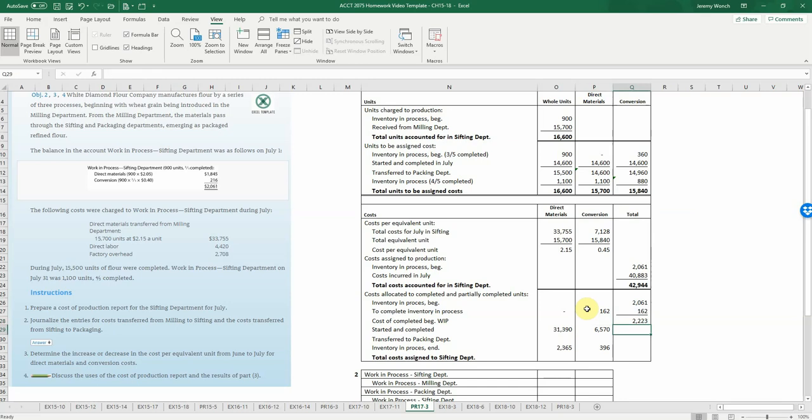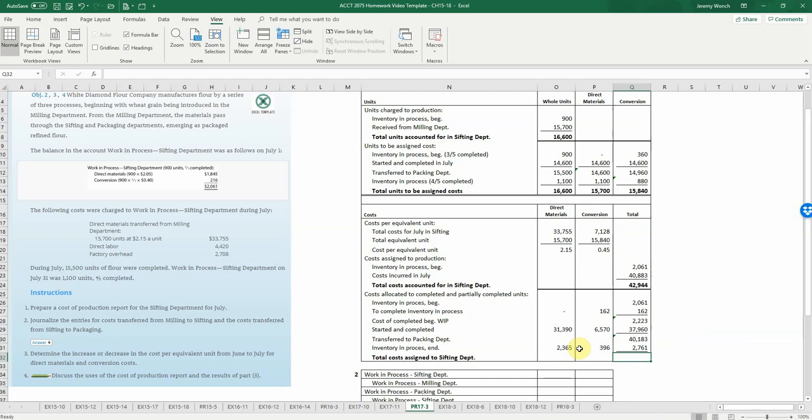And then for what was started and completed, so if we have our beginning plus what was started and completed, that means we transferred out 40,183 in costs, but we still have some inventory that's in process, which we have to assign cost to as well. And so that's going to be our ending work in process, which was 4/5 complete.